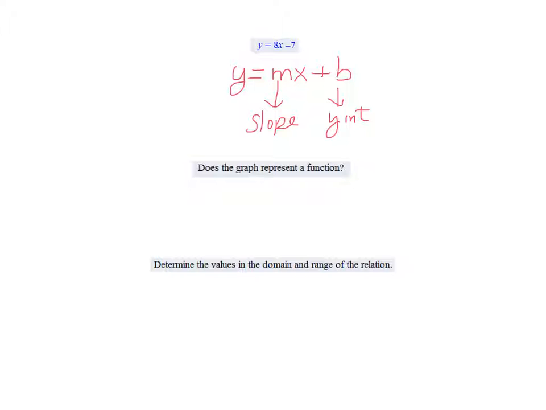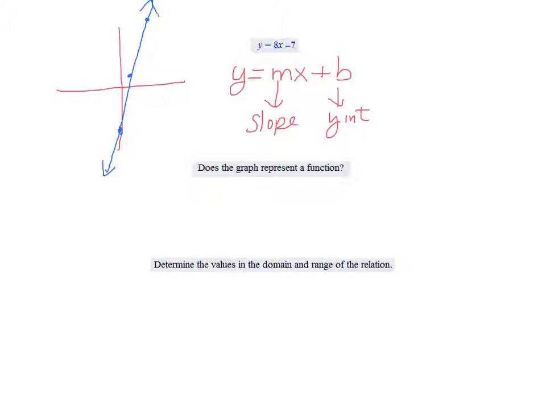So they give it to you as an equation, but in your head you're thinking, oh, that's just a line that has a y-intercept way down here at -7, and my slope is going to be 8/1 if I think of it as rise over run. So I'd rise 8, run 1, rise 8, run 1. Oh, it's just a line right here.